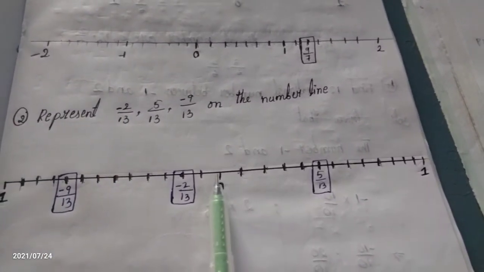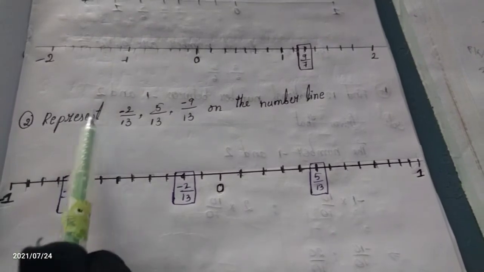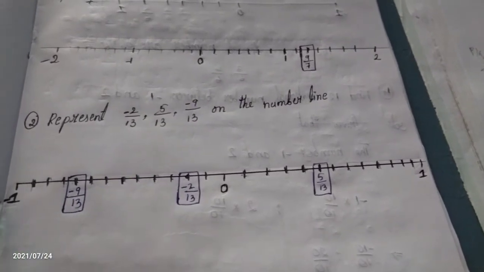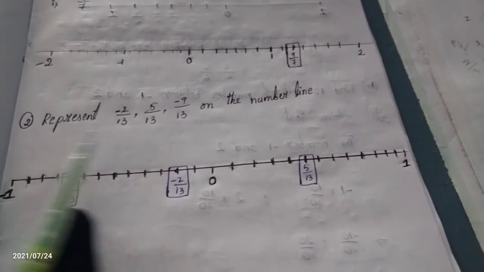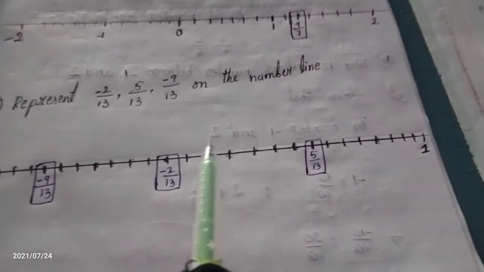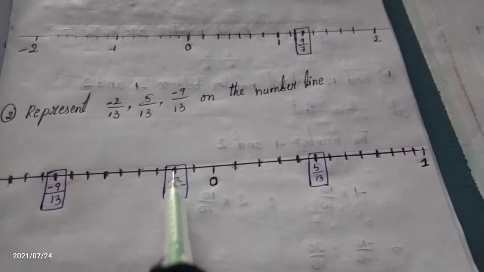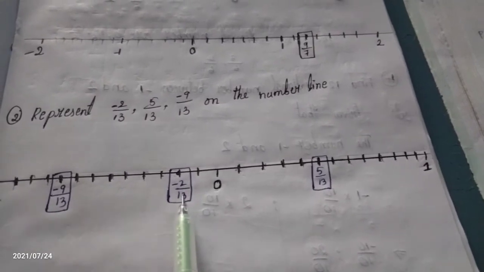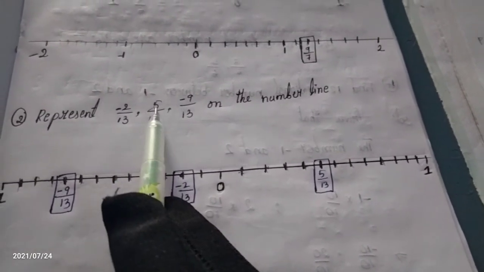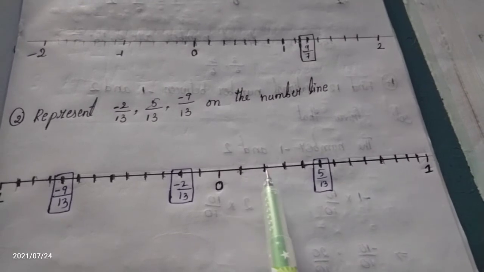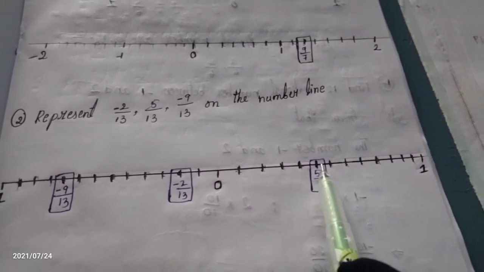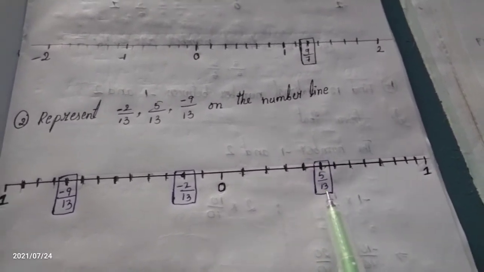We go to the left side, because here are the negative numbers and here the positive numbers. We take 2: 1, 2, so this is minus 2 by 13. Next, 5: from 0, 1, 2, 3, 4, 5, this is the point 5 by 13.